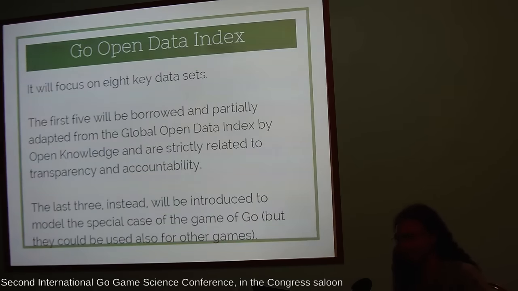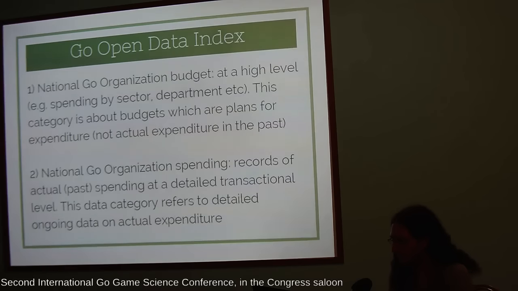So the focus is on 8 key data sets. The first 5 are taken from the Open Data Index and are related to transparency and accountability, while the last 3 will be introduced for the game of Go, but can be used also for other games.